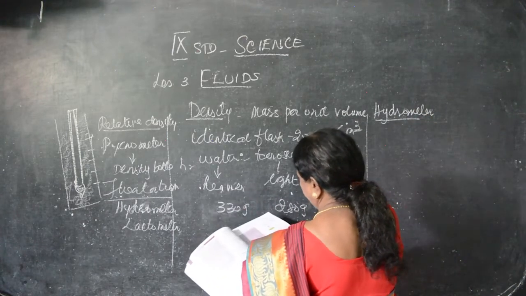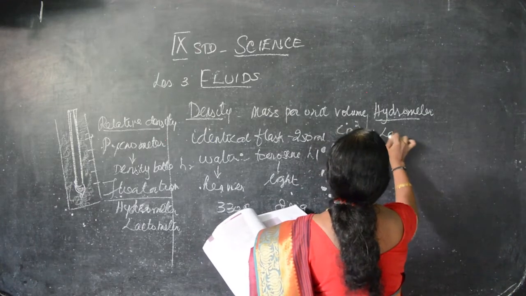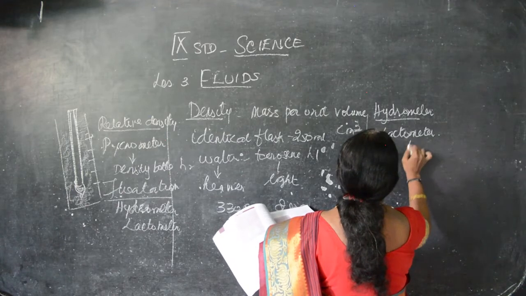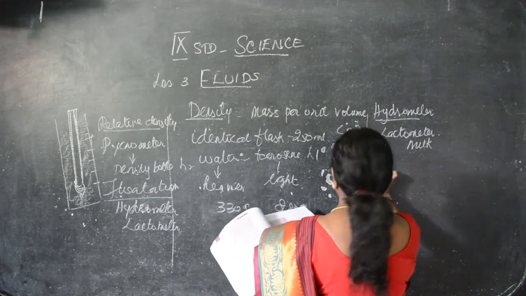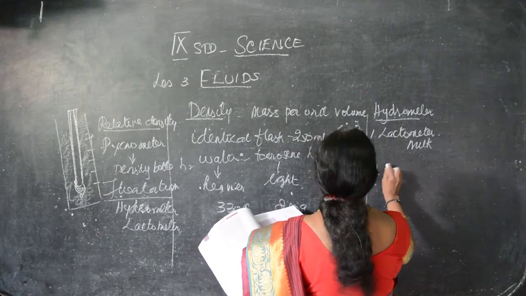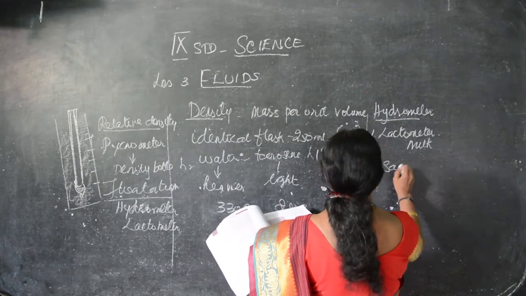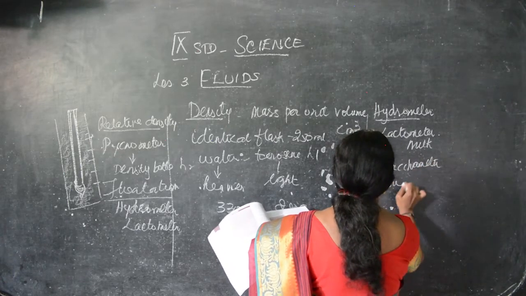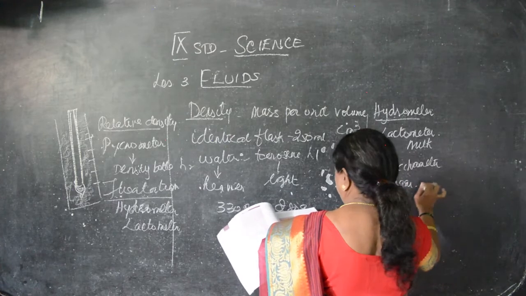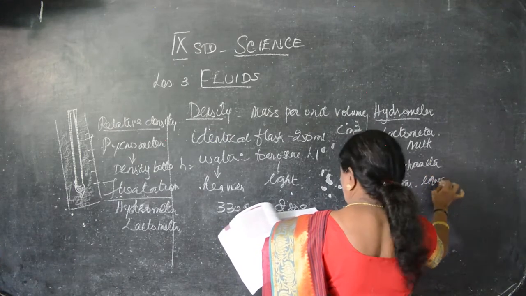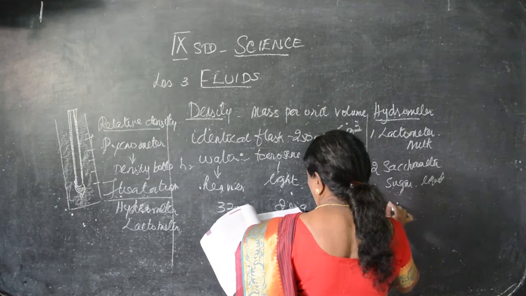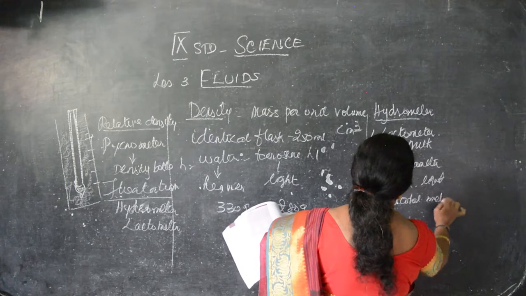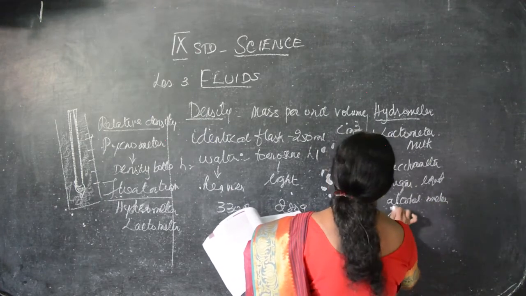First one is the lactometer, to find out how much water is added to milk. Second one is the saccharometer, saccharide meaning sugar, to find the sugar level in liquids. And the last one is the alcohol meter, for the levels of alcohol.